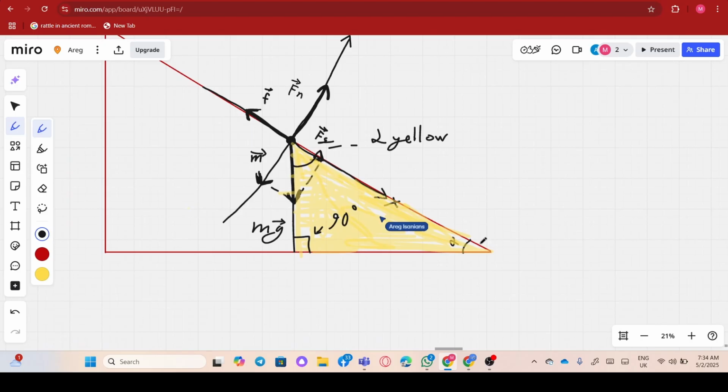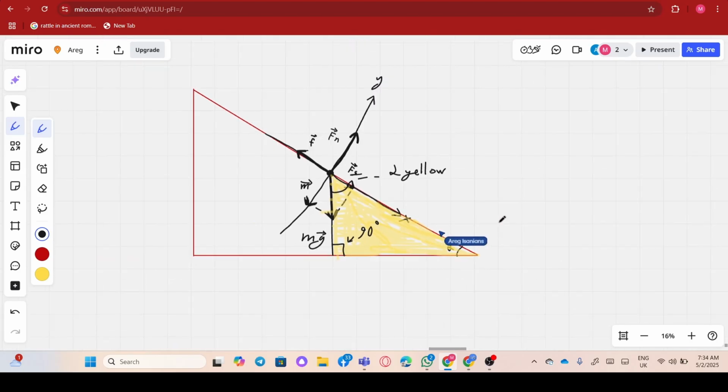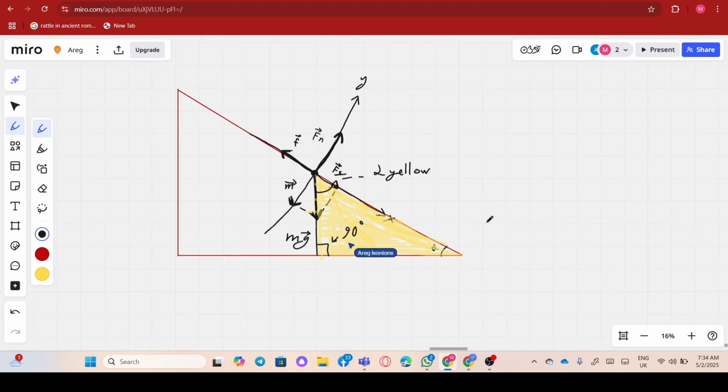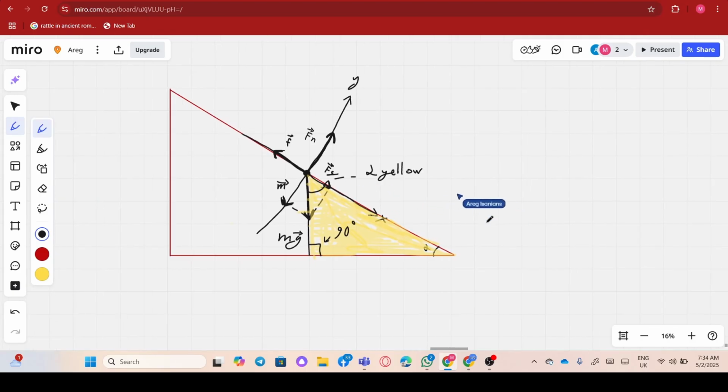So if we want to find alpha yellow, we need to use alpha, 90 degrees and alpha yellow, and these will all equal 180, which is the sum of the triangle angles.